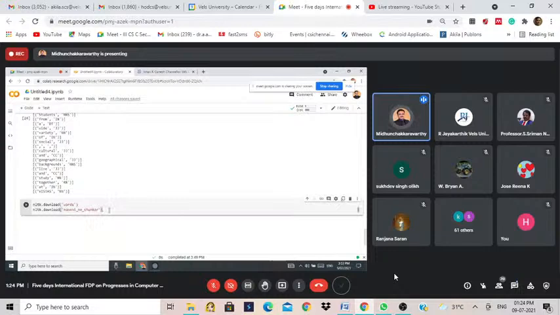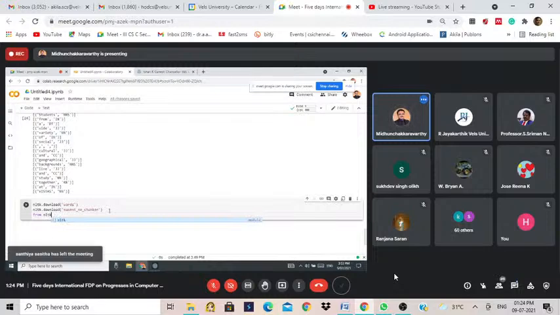With this, I also need some other algorithms. So what I need to do is from NLTK, this time I just type chunk, NLTK chunk, because I'm going to do some chunking process.